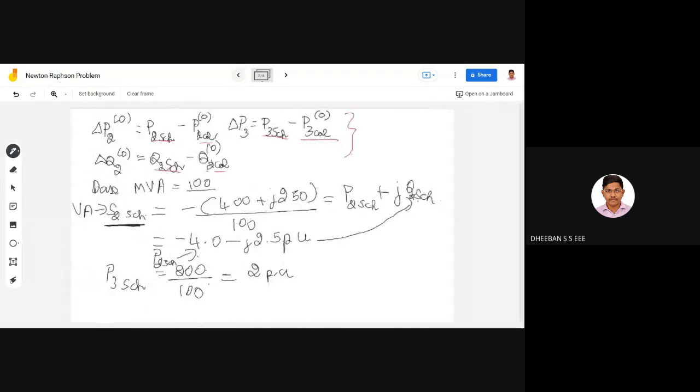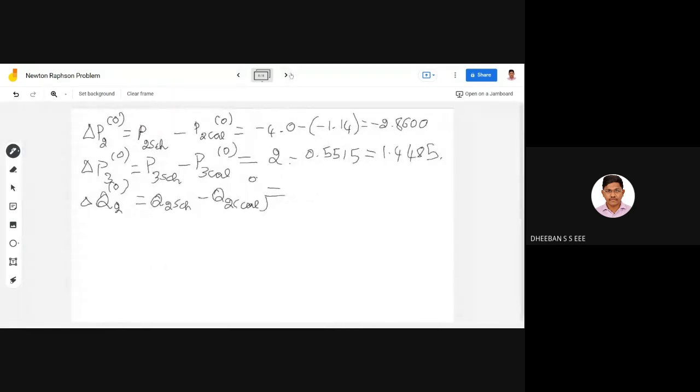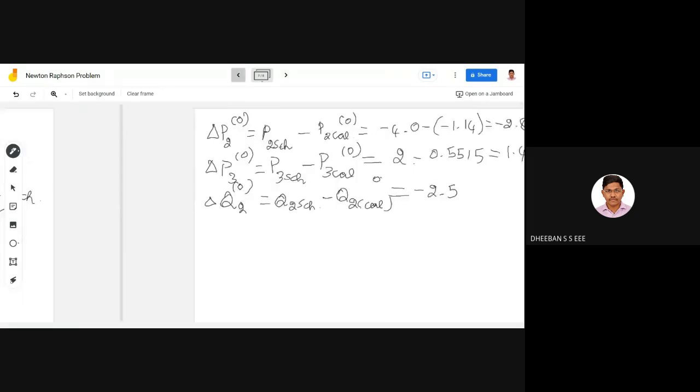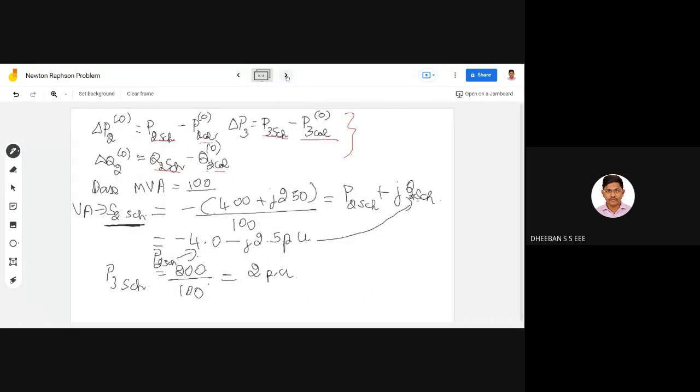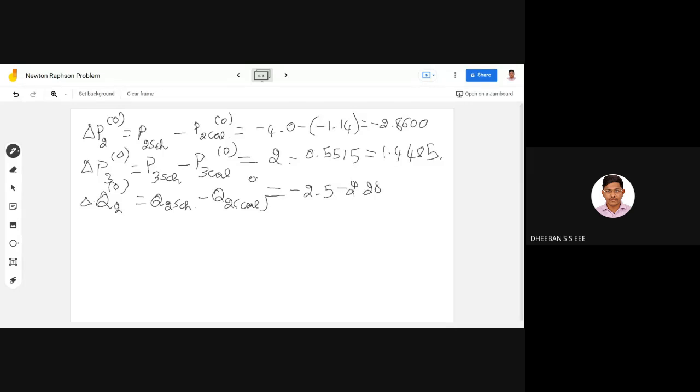For Q2 what we have calculated is around minus 2.5, and for the Q2 calculated it's minus 2.2879. Here there is already a minus, so it will be minus of minus, so it will be minus 0.220.